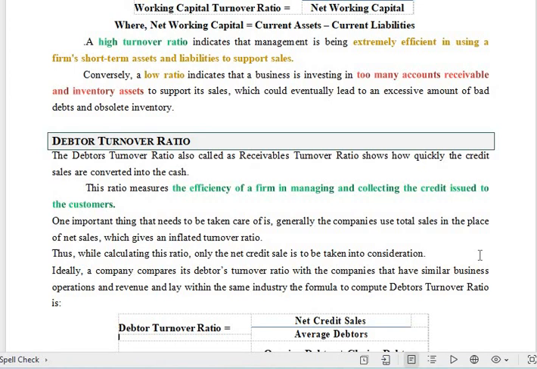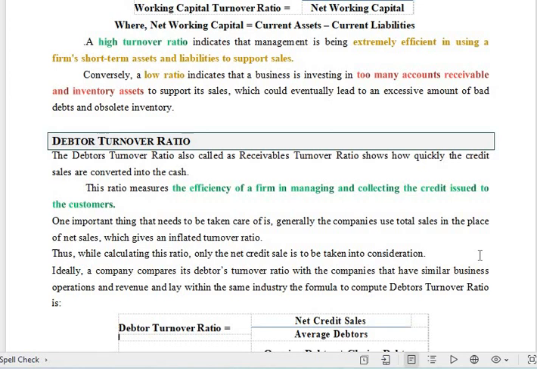This ratio can be calculated by using two variables. One is turnover; here we are going to consider credit sales only. So the numerator will be net credit sales divided by average account receivable.